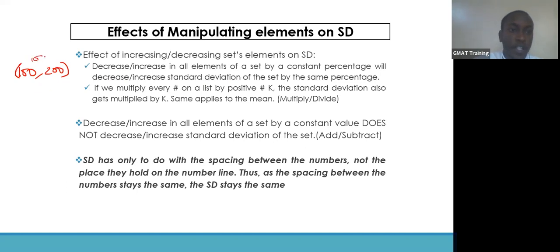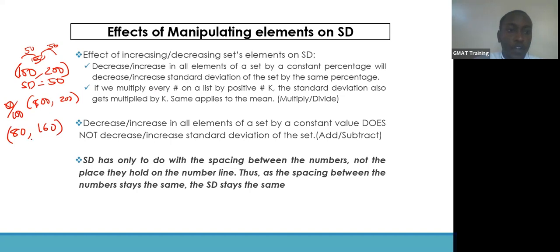average, that's 150. Therefore, the distance of all elements from that, that's 50. Therefore, the standard deviation should be 50, right? If we were to decrease these elements by 80%, not decrease by 20%, that is, take 80% of the elements, 80% of 100 should be 80, and 80% of 200, that's 10% is 20, times 8, that's 160.